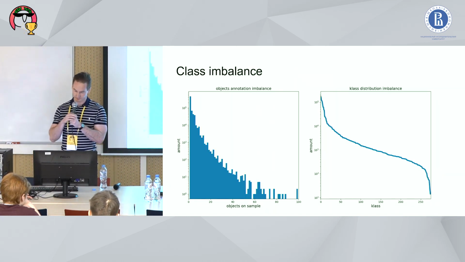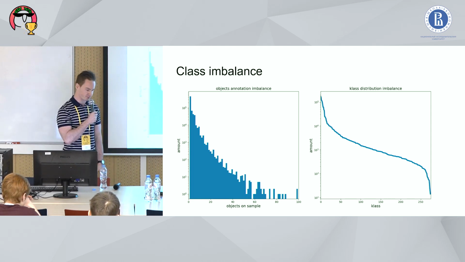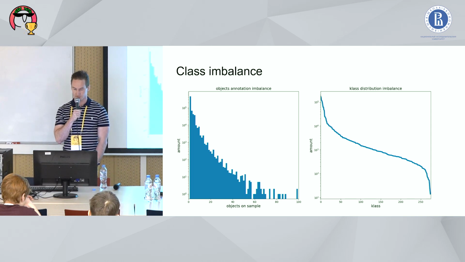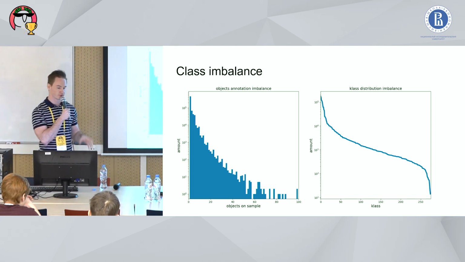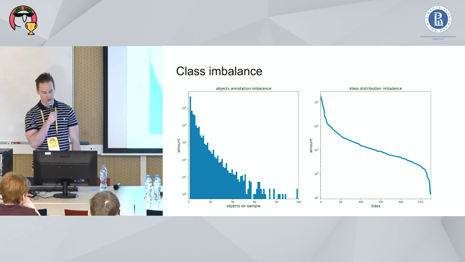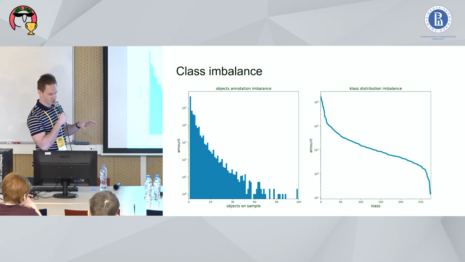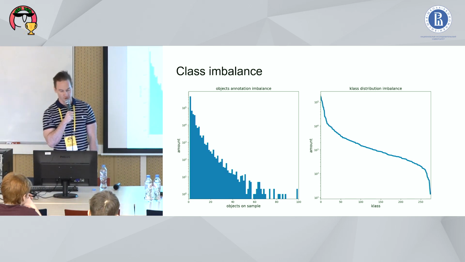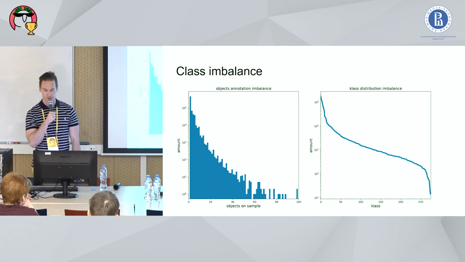The second peculiar thing about this dataset is imbalance. This is very close to real world problems, so it has a huge imbalance. I would like to focus your attention that the y-axis is a logarithmic scale for the object amount and for the class distribution.